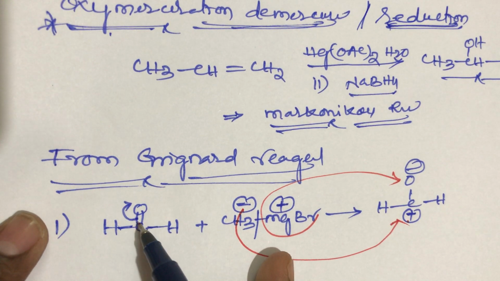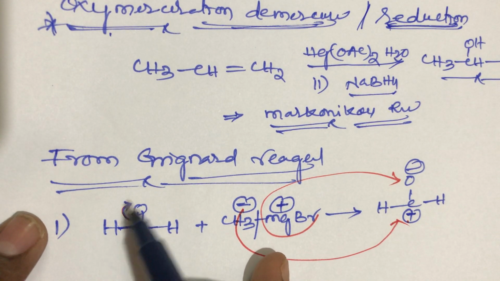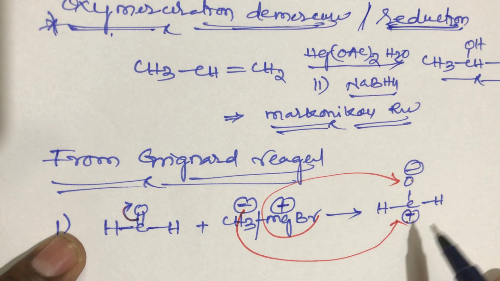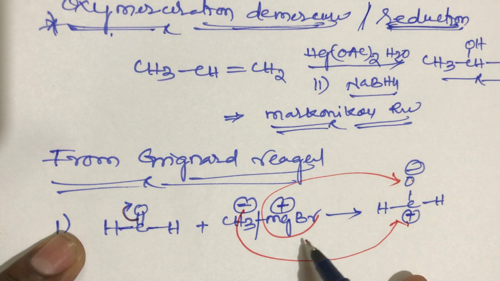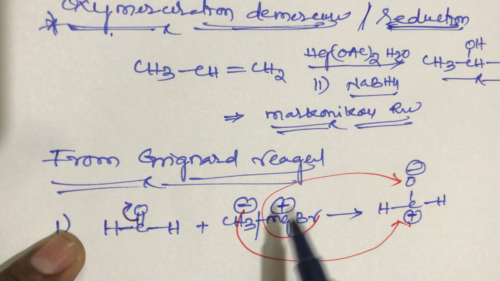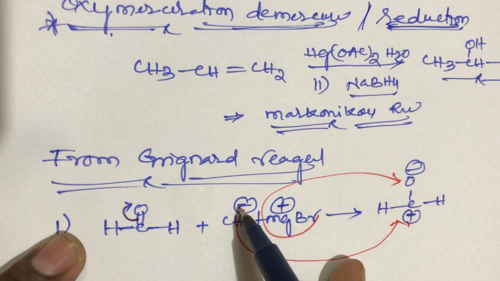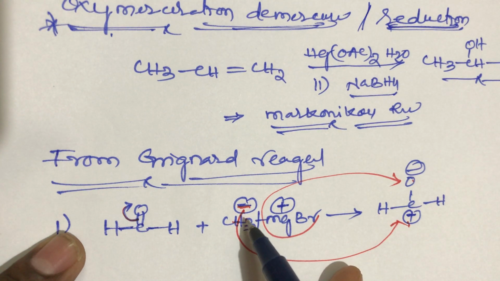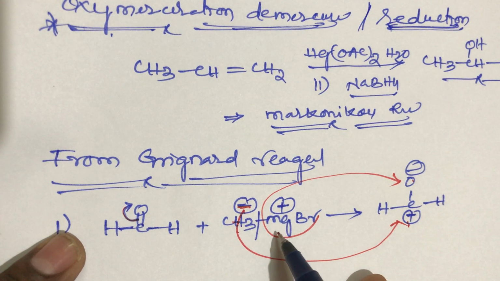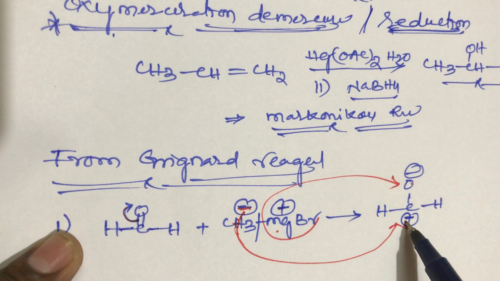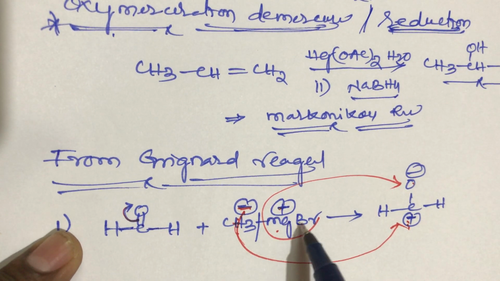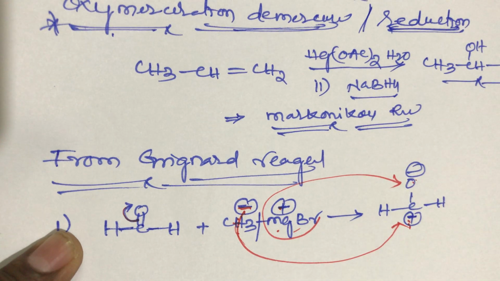First step: in formaldehyde the bond shifts towards the oxygen side, oxygen getting negative charge and carbon getting positive charge. Then the Grignard reagent attacks. In CH3MgBr, the methyl group is negative charge and magnesium is positive charge. The negative charge always attacks the positive charge side, and the remaining Mg plus attacks the negative charge side.